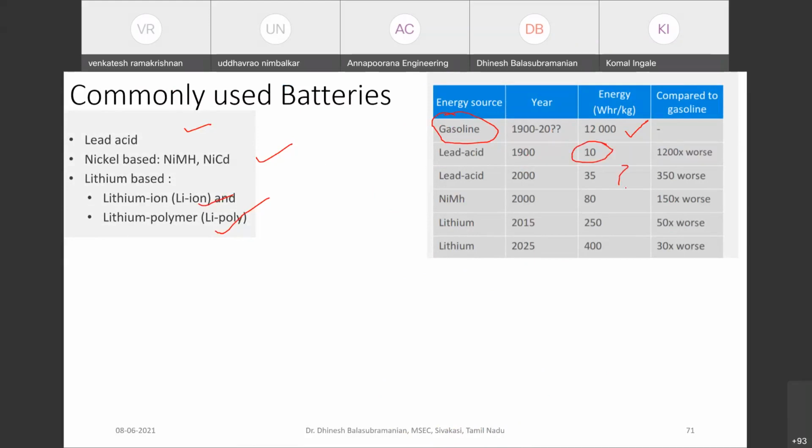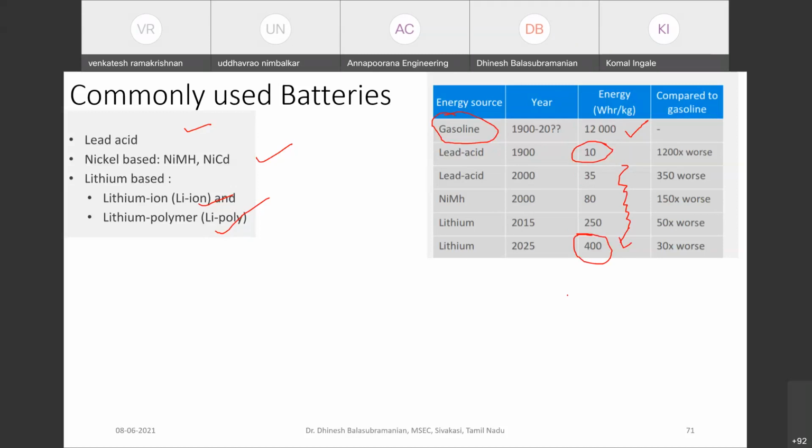But as the years increase, you can see the energy from lithium is somewhat sufficient compared to gasoline, but still it has not reached the mark of gasoline. So that is why the internal combustion engine still plays a major role over the battery powered vehicle.